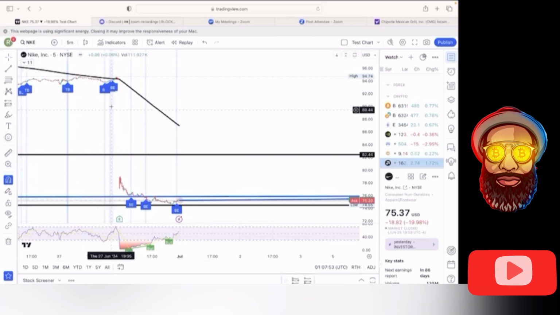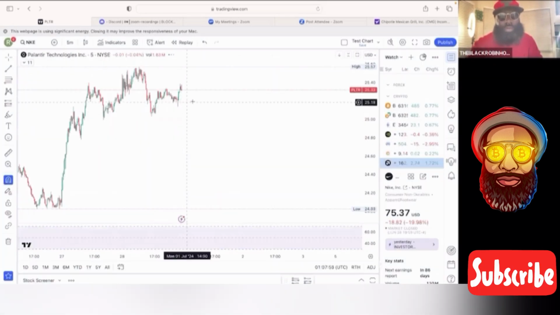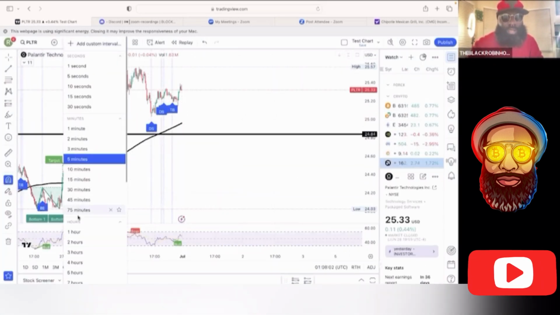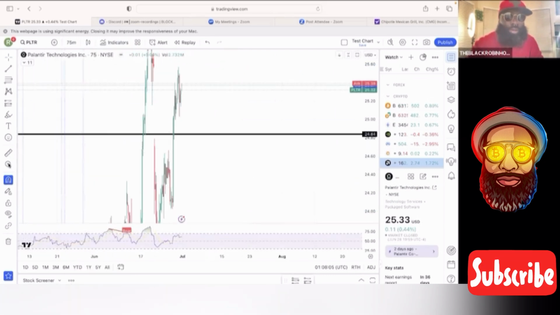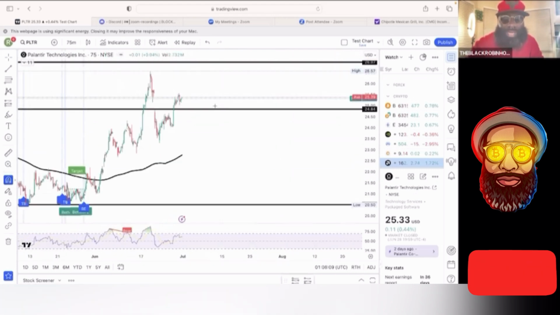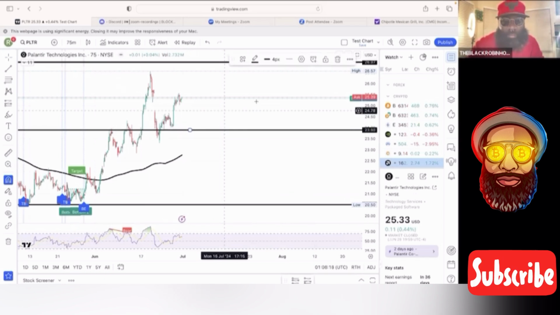Like with PLTR, Palantir, this is 5 minutes. We could have sold it all, but I felt like it had more room to go. So we got in here, and it was based on this.